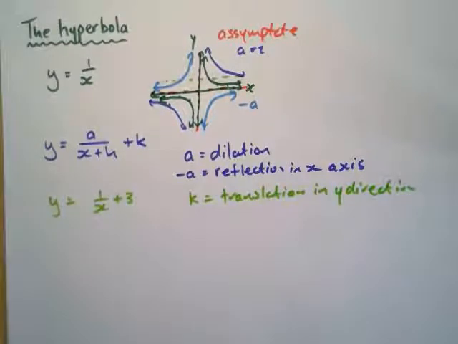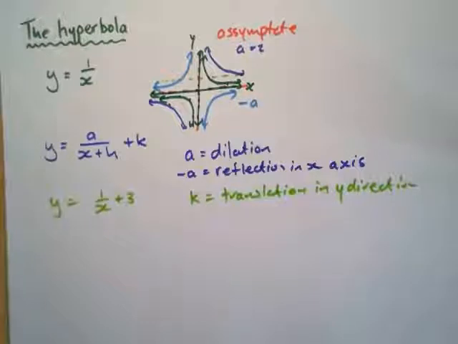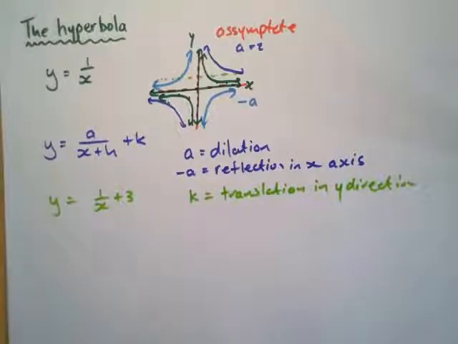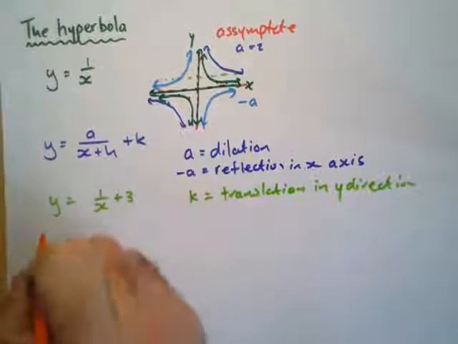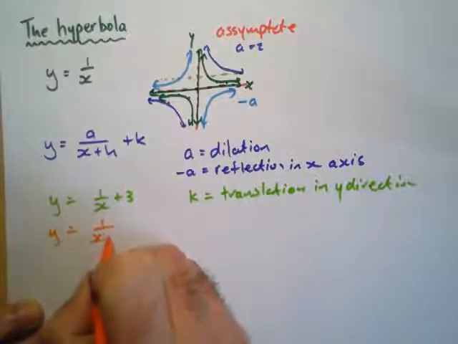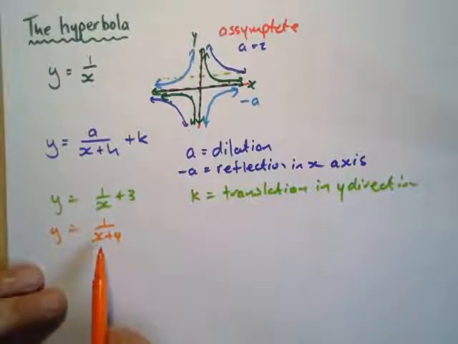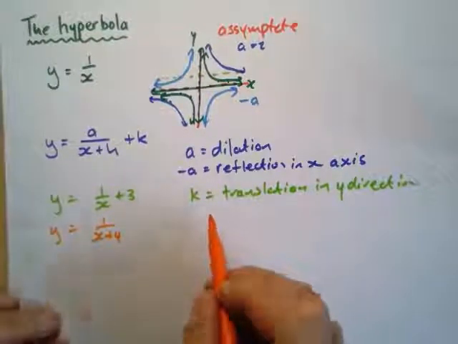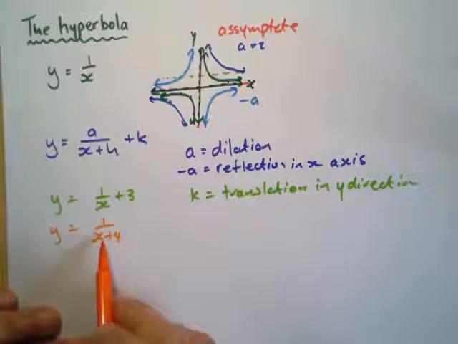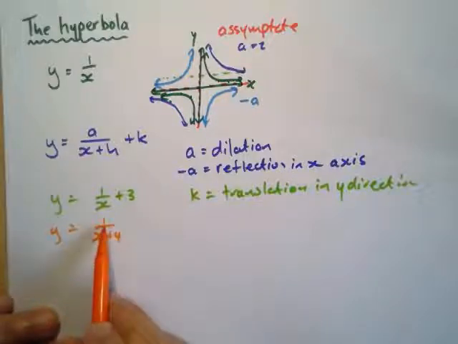And then the last one is if I add the plus h. Y equals 1 over x plus 4. Remember what we said: all the x values will be plus 4. x cannot be 0, or rather x can be 0 in this case, because if x is 0, then I still have 1 over 4.